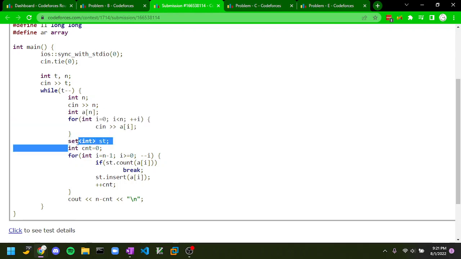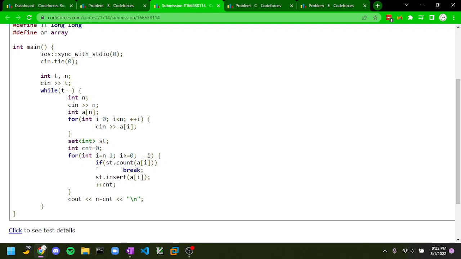I created a set, and what a set is, it's a standard template library data structure, and it stores elements, and you can check if an element is in a set in, I believe, log n time by using set.count, and you insert elements into the set using set.insert a sub I.